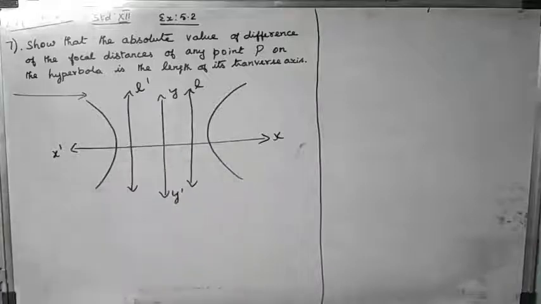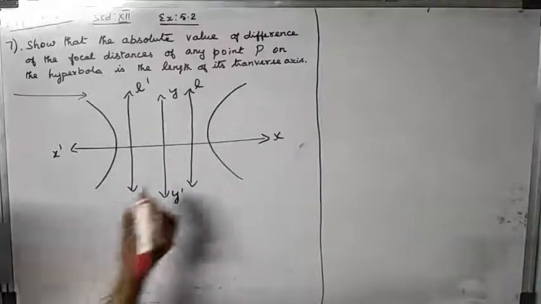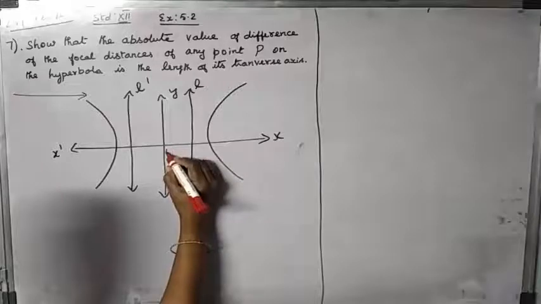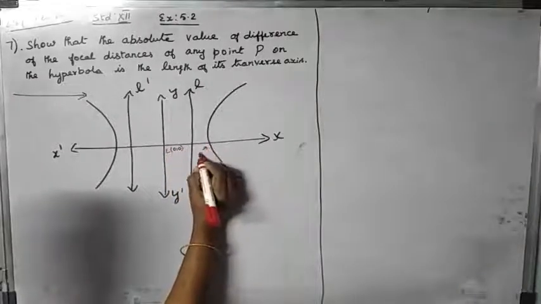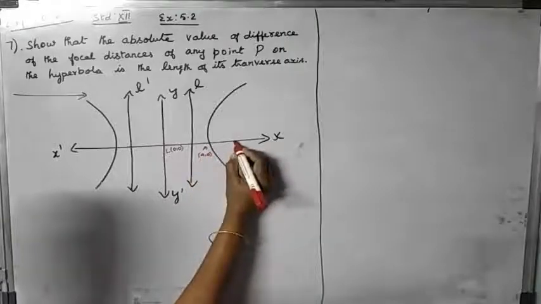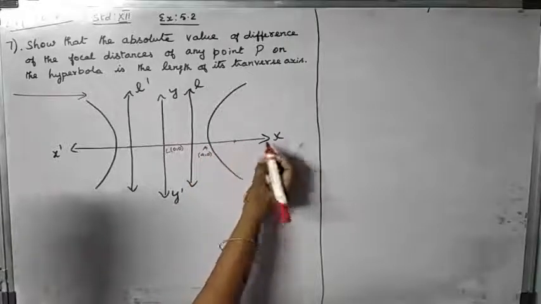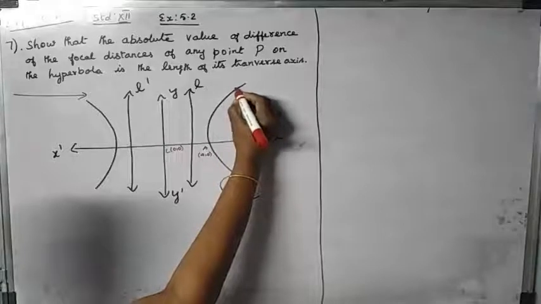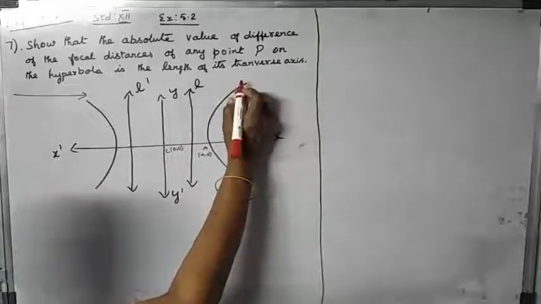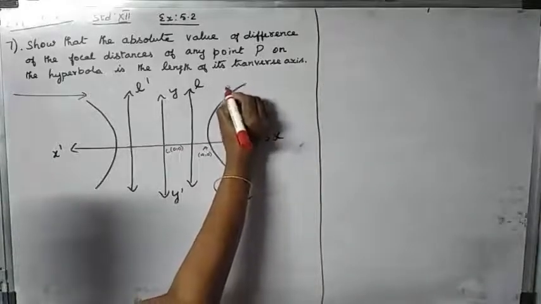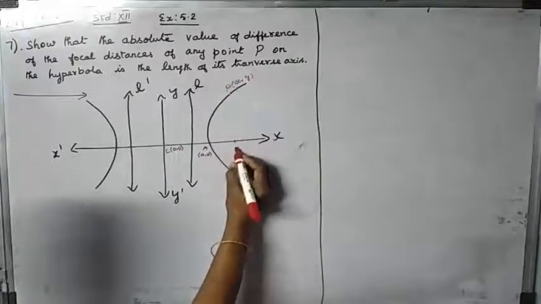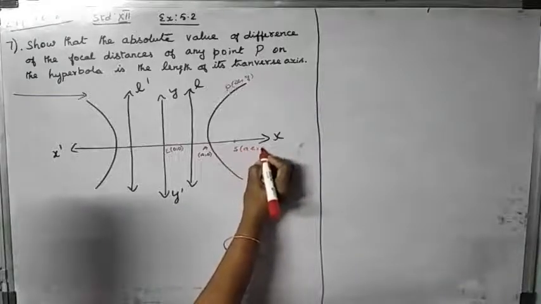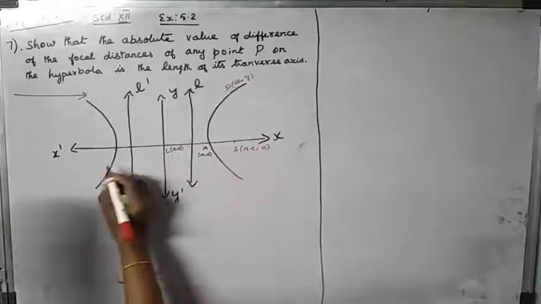Now let us mark all the points. So now we know that this is C (0, 0) and this is A, and this is S. And here if I take a point P of x comma y, now this is S (ae, 0).